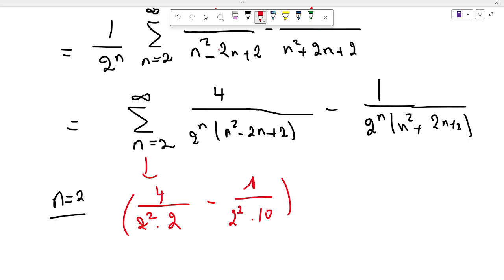So that's for n equals 2. Let's see what happens when we take other values. Now let's try n equals 3: 4 over 2 to the power 3 times (9 minus 6 plus 2), which is a 5, minus 1 over 2 to the power 3 times (9 plus 6 plus 2)... let me correct: 9 plus 3 plus 2, which is a 14.